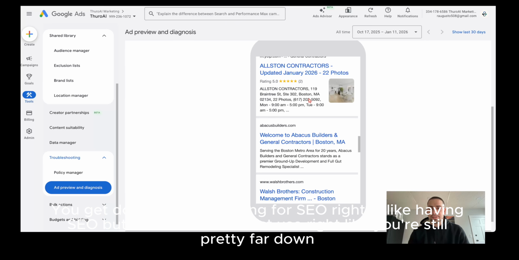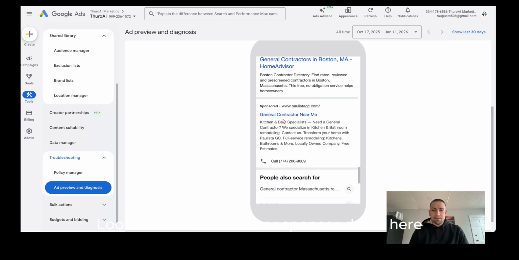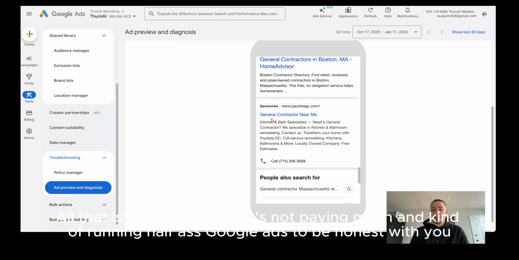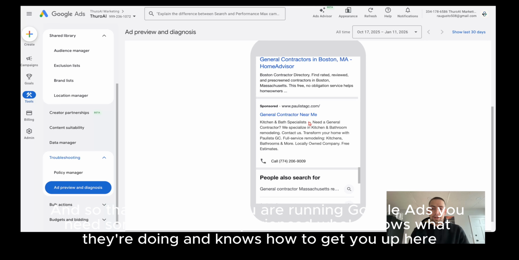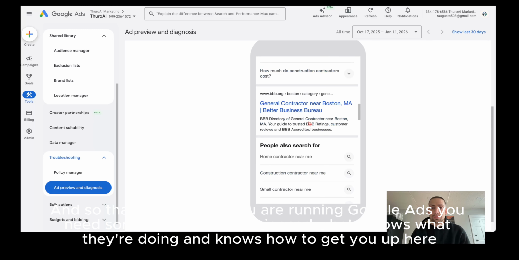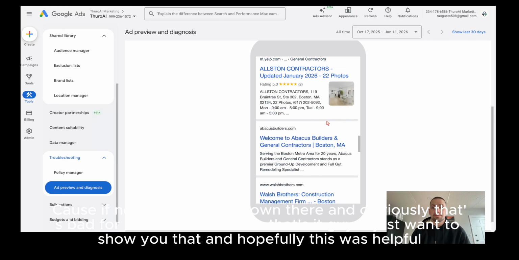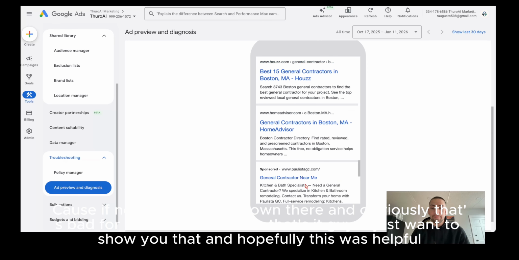You're still pretty far down. Look, we have another sponsor down here. All that is somebody who's not paying much and kind of running half-ass Google ads, to be honest with you. And so that's why, when you are running Google ads, you need someone who's experienced, who knows what they're doing and knows how to get you up here. Because if not, you'll end up down there. And obviously that's bad for obvious reasons.